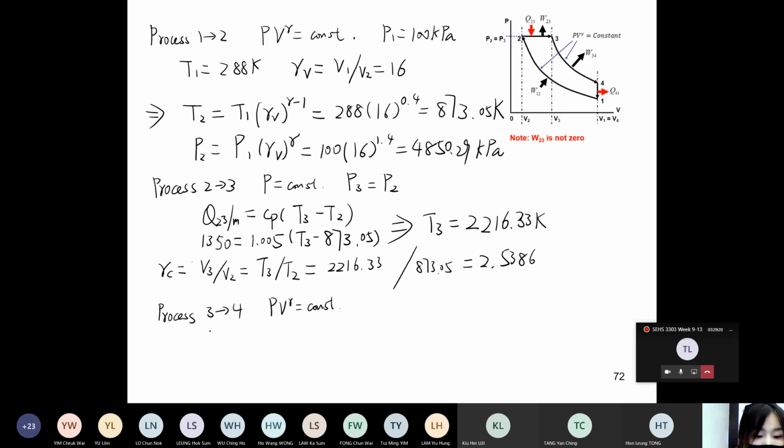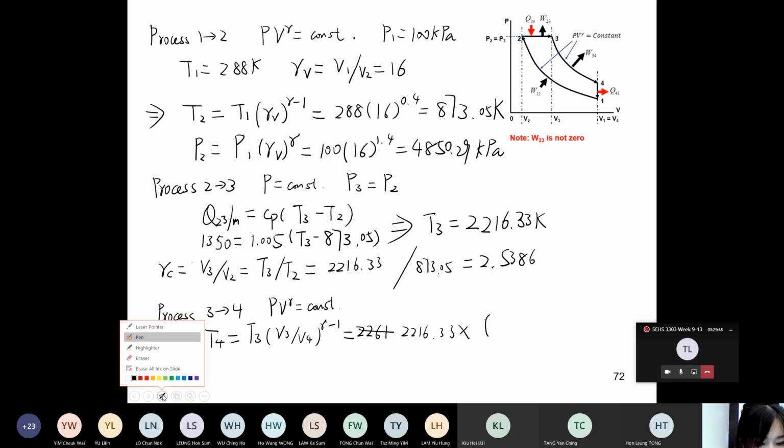We can calculate the temperature at point 4. Sorry, I should derive this one. Do not use this one. Sorry, guys. I may explain to you in this way.